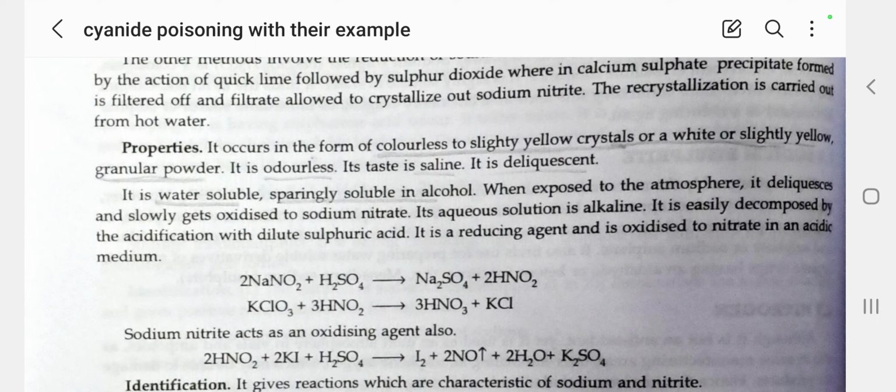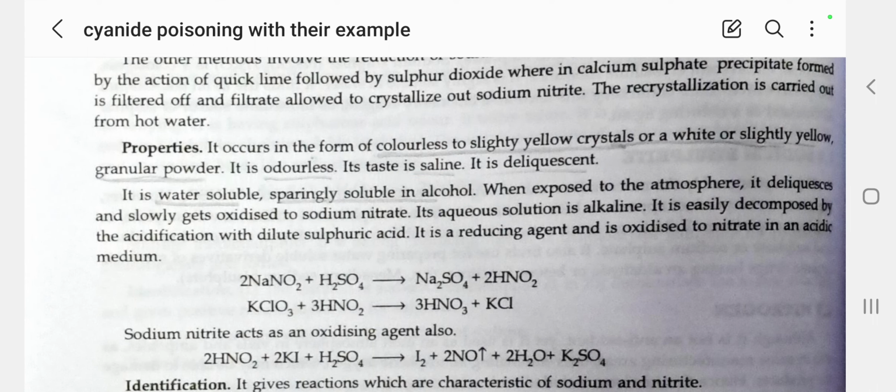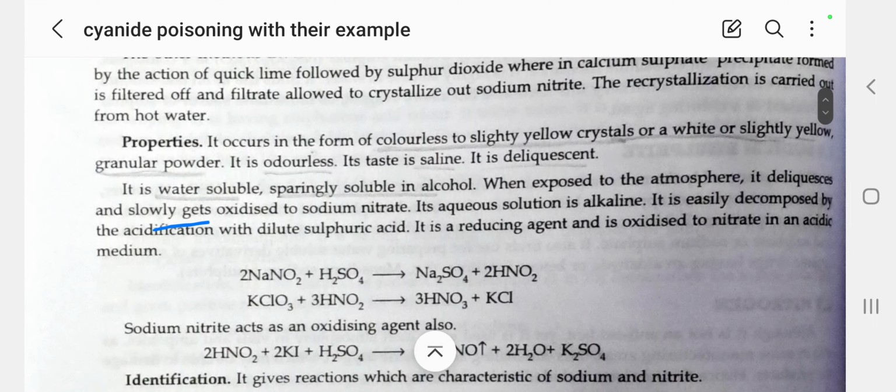It is odorless, the taste is saline, and it is deliquescent. It is water soluble and sparingly soluble in alcohol. When exposed to the atmosphere, it deliquesces and slowly gets oxidized to sodium nitrate.